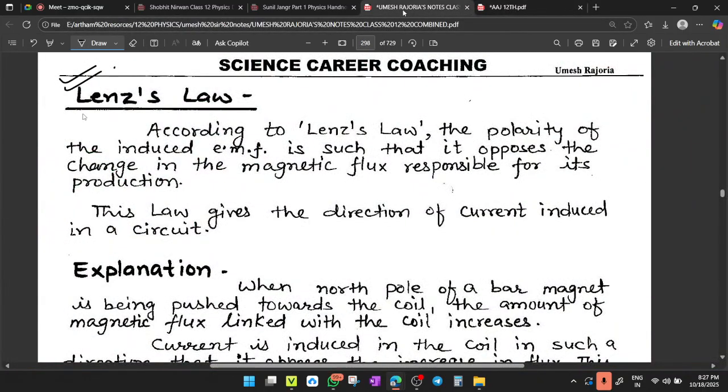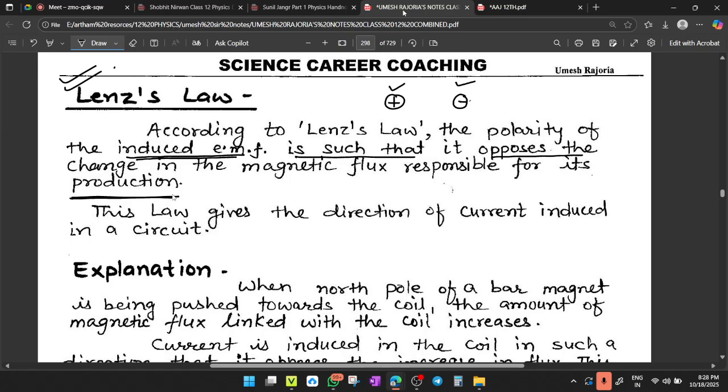Okay. So let us read this in professional language. According to Lenz's law, the polarity of the induced EMF, plus and minus, yes or no? So the plus and minus polarities of the induced EMF are such that it opposes the change in magnetic flux responsible for its production.